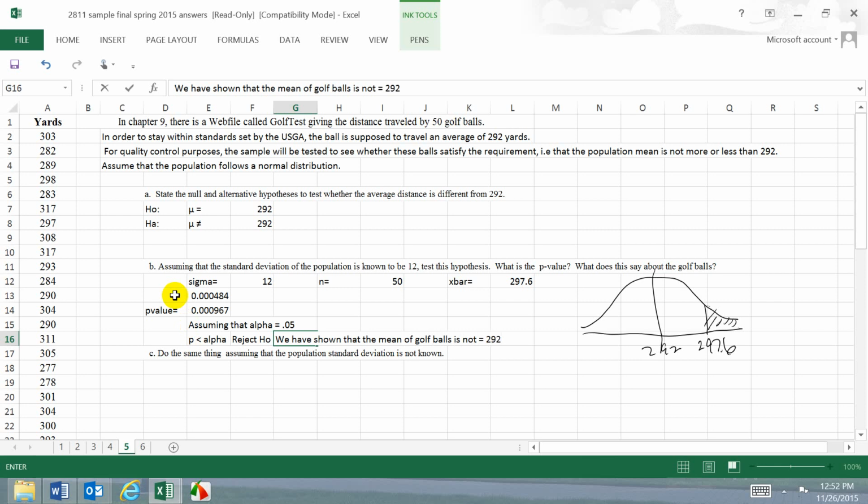Right? We're rejecting the null hypothesis in favor of the alternate hypothesis, meaning that it's not 292.